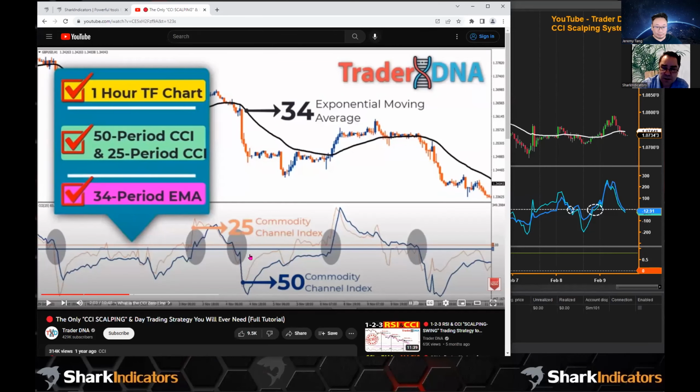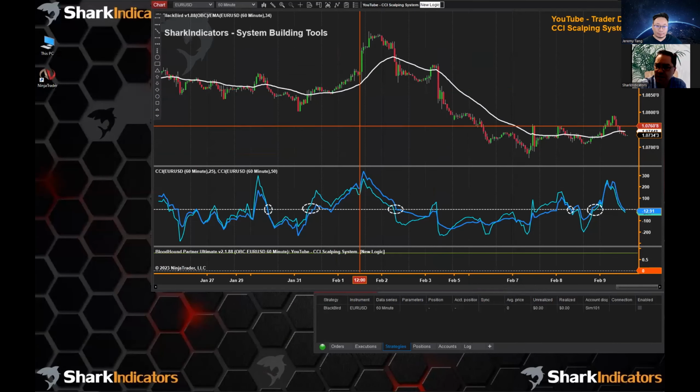And then the two CCIs are what trigger going long or going short there. So I'm going to show you how quickly and easily you can build this system here within NinjaTrader, within our Bloodhound indicator, and then we'll backtest it in Blackbird, as Jeremy was explaining earlier. So let's minimize that.